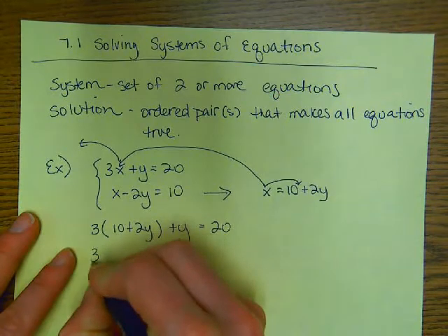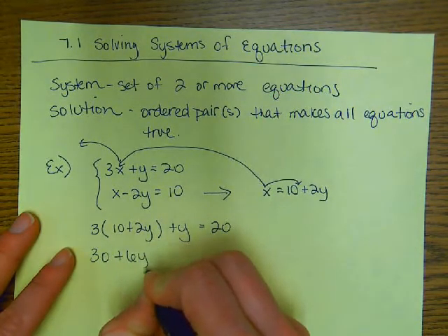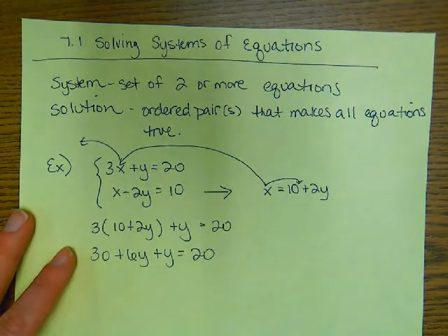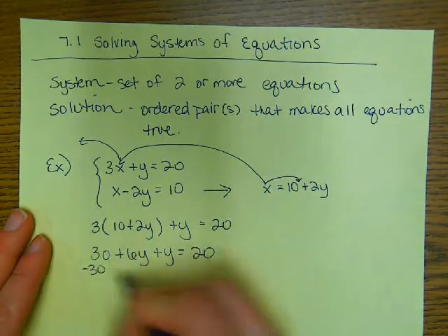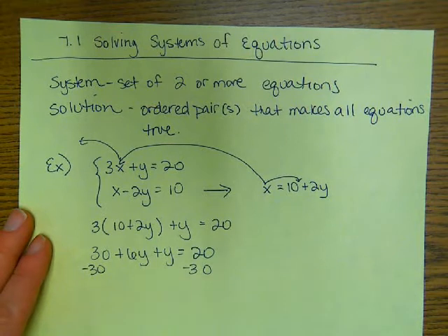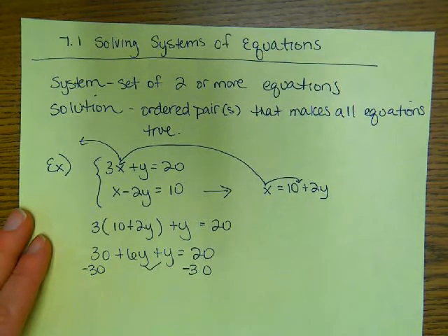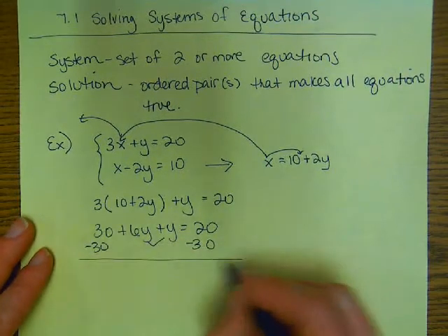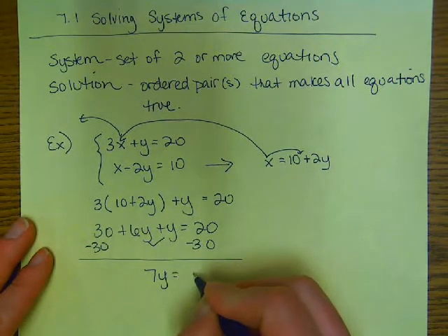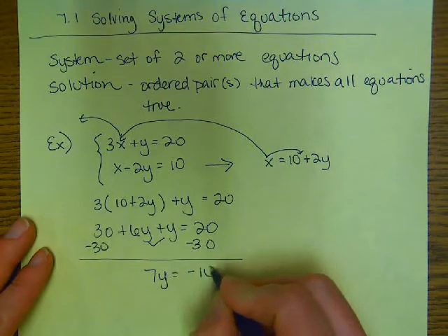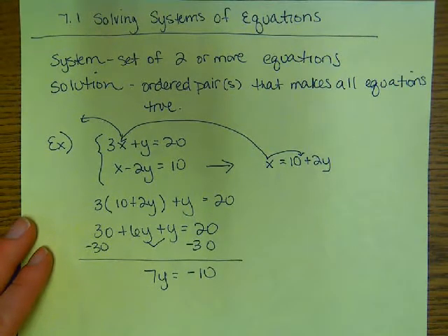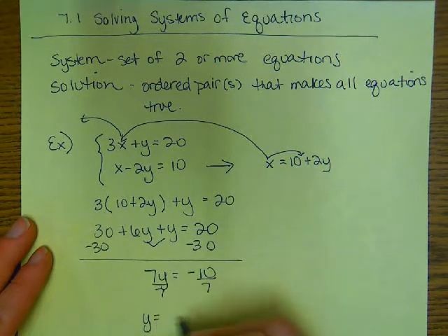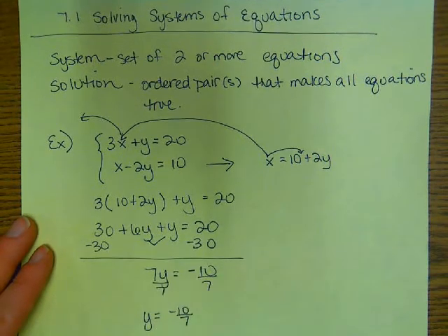If I were to solve this, then I'd have 30 plus 6y plus y equals 20. I subtract 30 from both sides, add the like terms together, and then I have 7y equals negative 10, divide by 7, y equals negative 10 over 7.